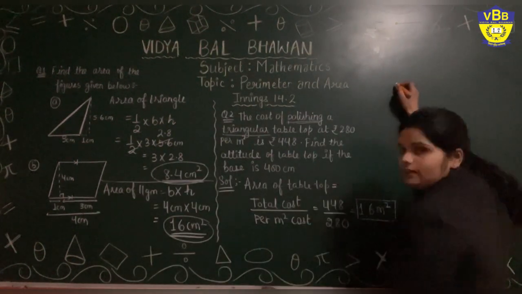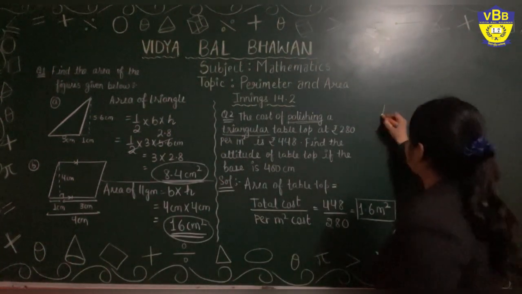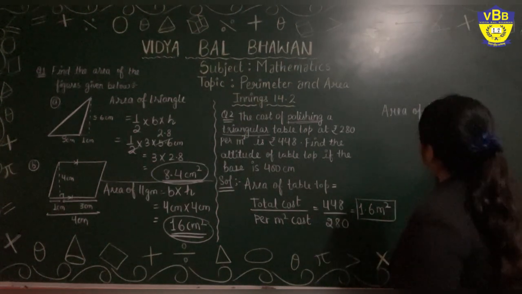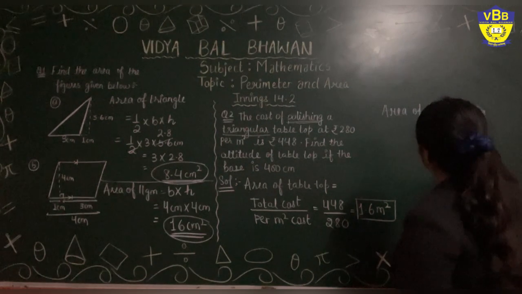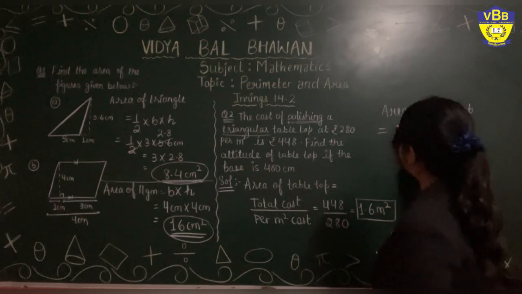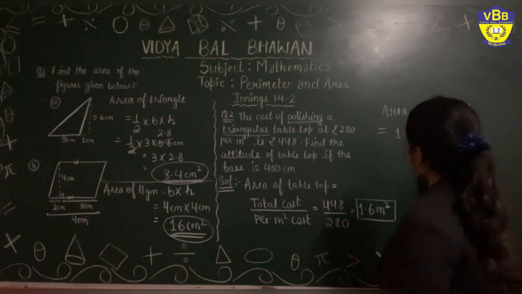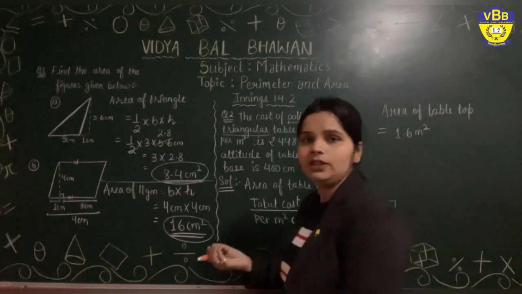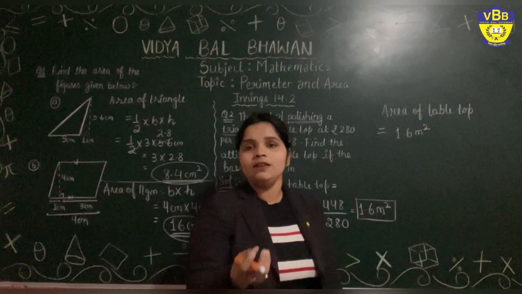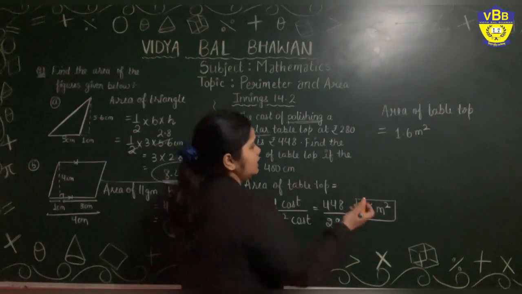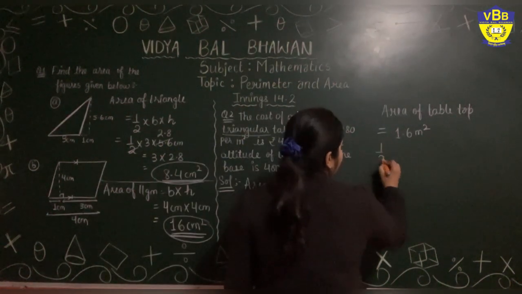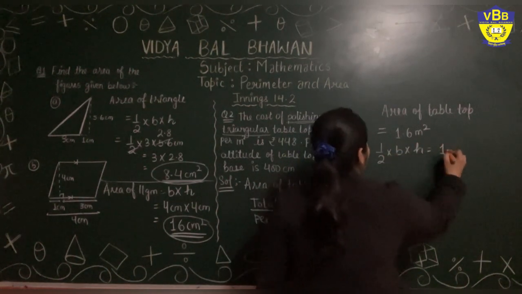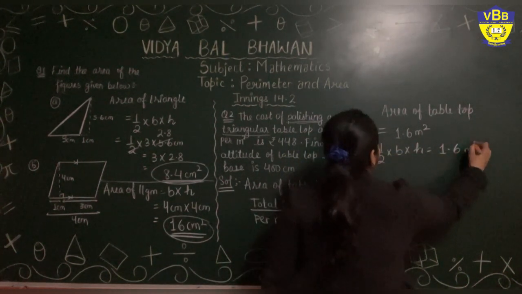So I can write: area of tabletop is 1.6 meters square. Because the tabletop is triangular in shape, the formula for the area of a triangle is half into base into height, which is equal to 1.6 meters square.